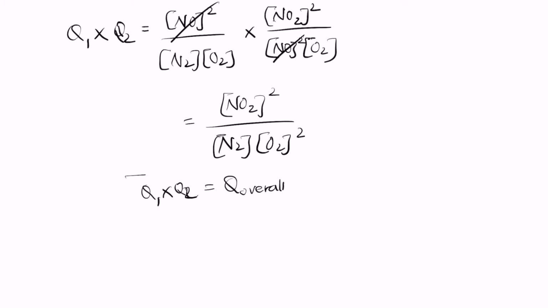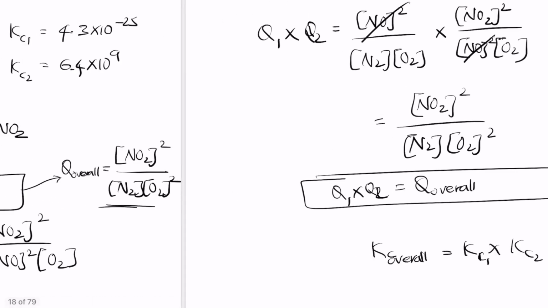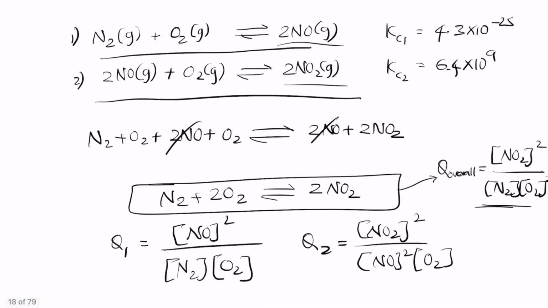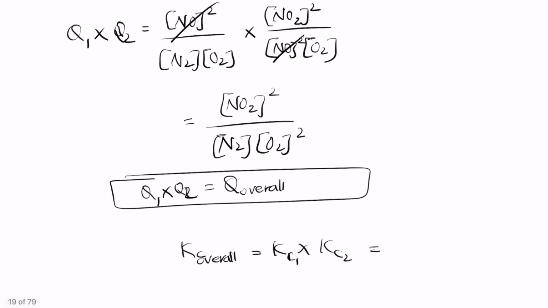So this actually works. So if this works, we know that K overall becomes Kc1 times Kc2. Now the values are given as 4.3 times 10 to the power negative 25 and 6.4 times 10 to the power 9.